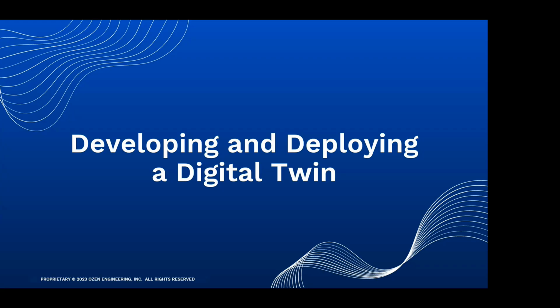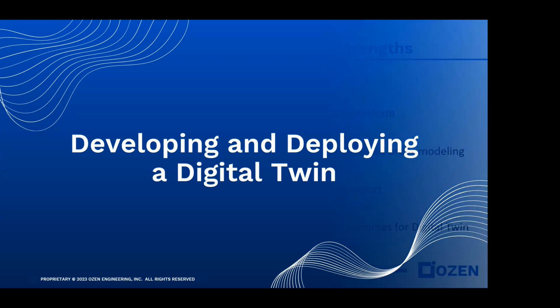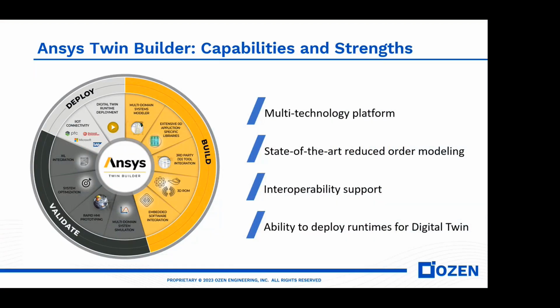Now we will look into how we can build a digital twin. Before doing that, I will go through our basic solution, which is called the Ansys Twin Builder. There are four things that I want to highlight. The first one is that this is a multi-technology platform, and we have the possibility to couple different modeling languages into one.